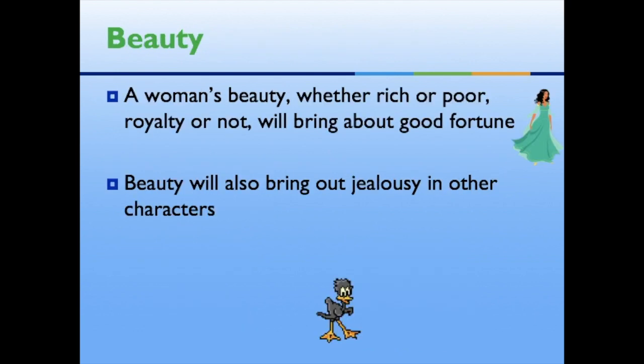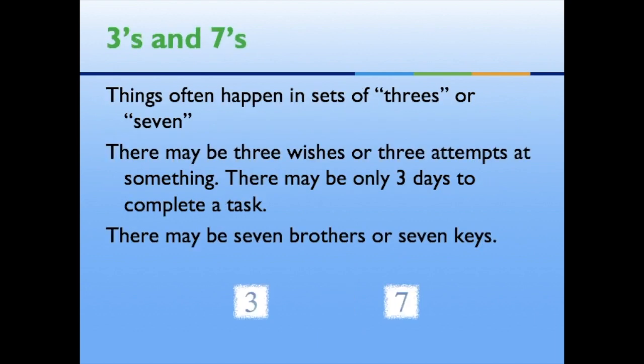Beauty is also another common theme. We're talking about rich or poor, royalty or not. If you think of Snow White, the jealousy that comes with the stepmother being very envious of Snow White's beauty. Then 3s and 7s.